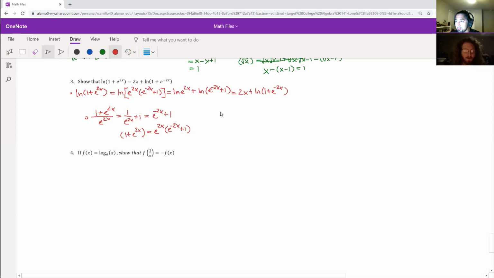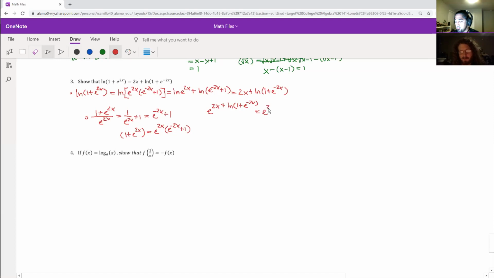The way I was going to go with it, which I could maybe eventually figure out, but would have been a pain, I was going to do e to the 2x plus e to the ln 1 plus e to the negative 2x. Actually, sorry, you can't do it like this. You have to do it like this.